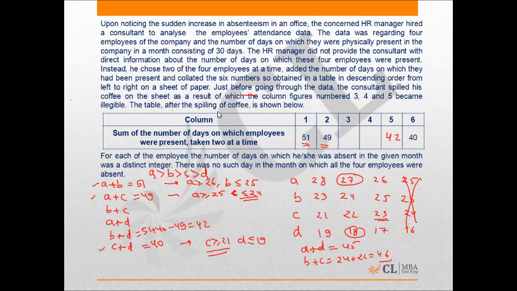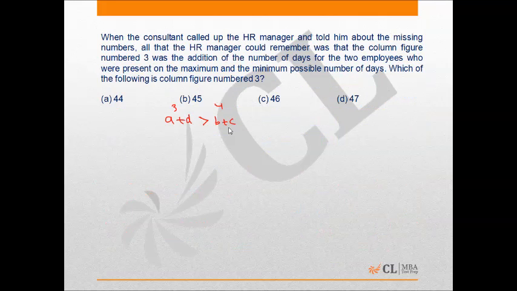Now, if you see the three cases, in the first case A plus D will come out to be 28 plus 19.